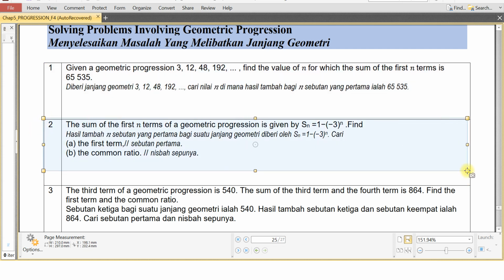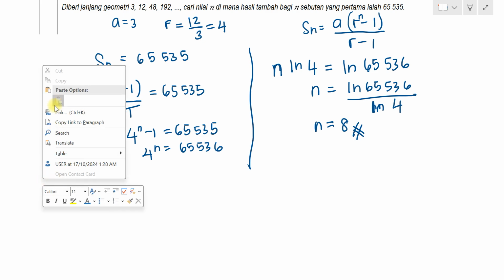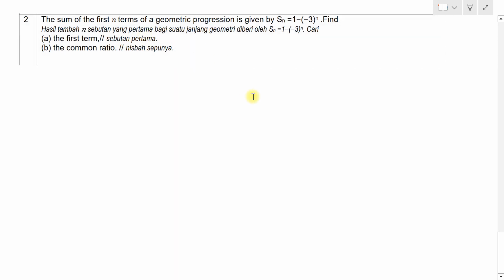You see question number 2. The first n terms of a GP is given. Okay, they already give the sum formula. Use that sum formula. Find the value of the first term and common ratio. Okay, if they ask, remember S1 is equal to the first term, right?